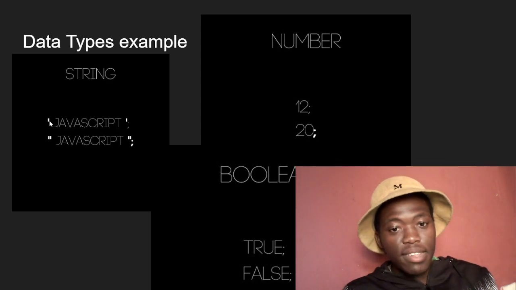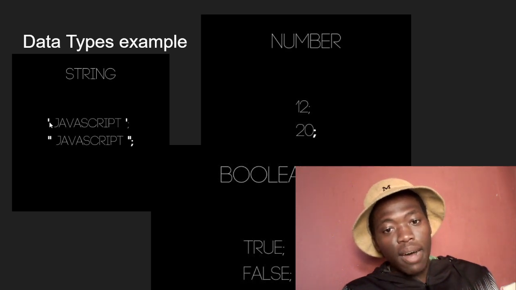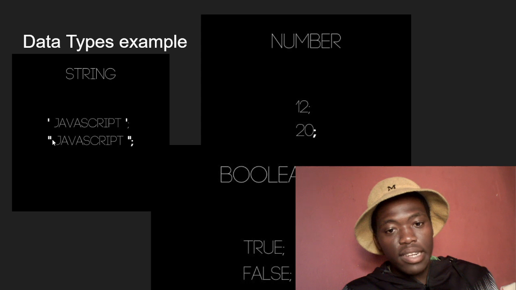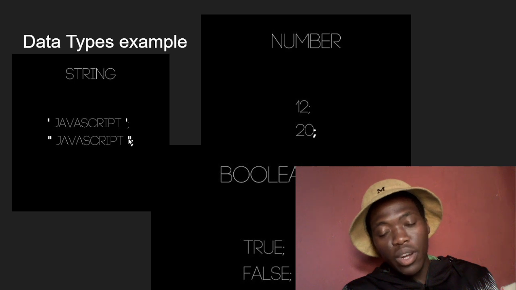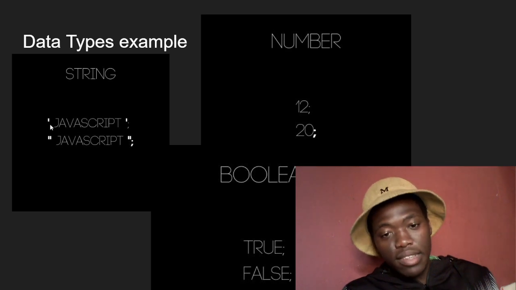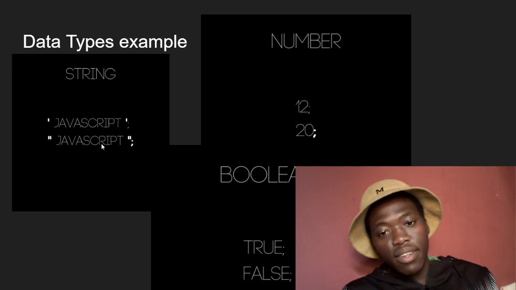But you can't have a single quote ending with a double quote, because it's gonna skip that, and it's expecting the single quote to end that string. And then on the next line, you can see you've got the double quote and then JavaScript text, and also the ending of a double quote. So you don't have to mix those two. If you want to stick with a single quote, you just use that instead of mixing up those two.